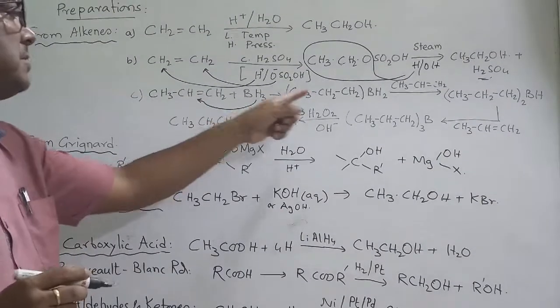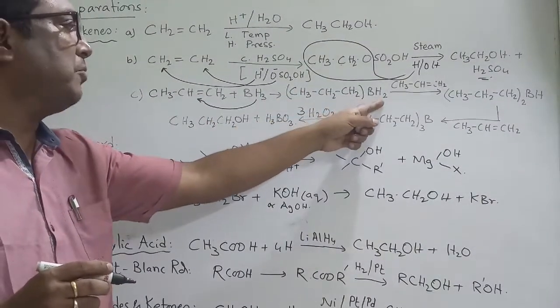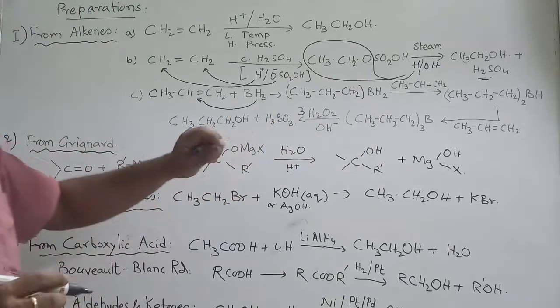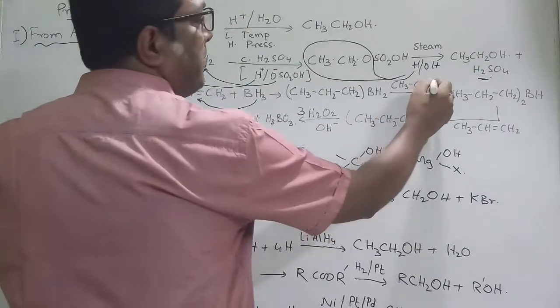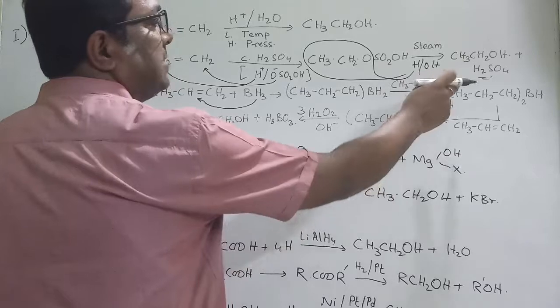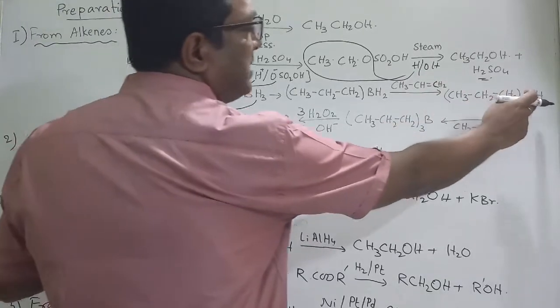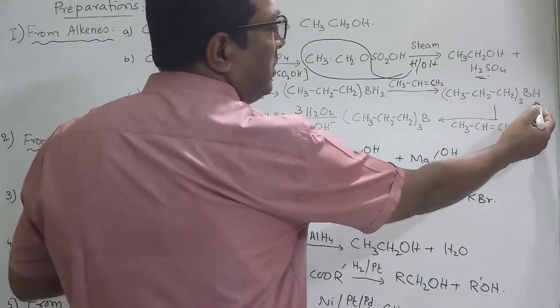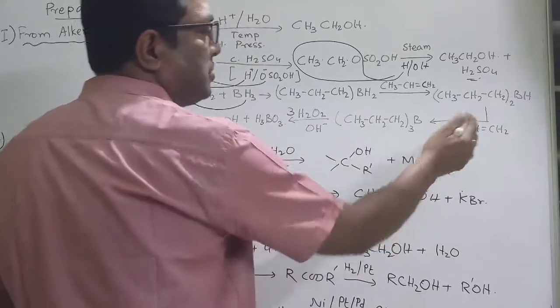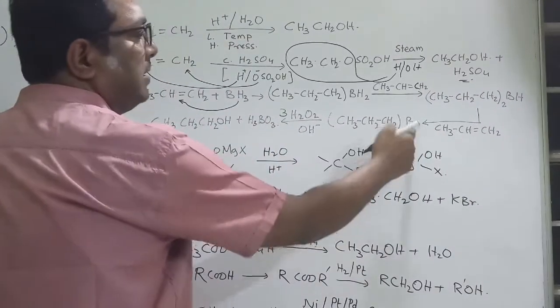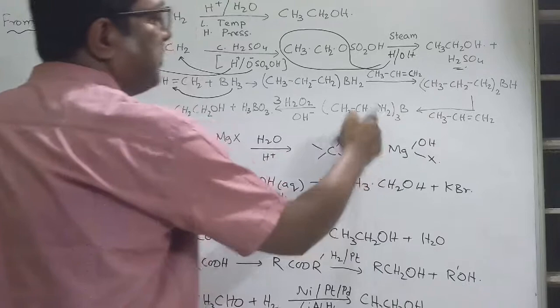So here it forms CH2, removing one hydrogen from the boron. Again, when it reacts with the same compound CH3, CH, CH2, it replaces one hydrogen from the boron and gets attached.